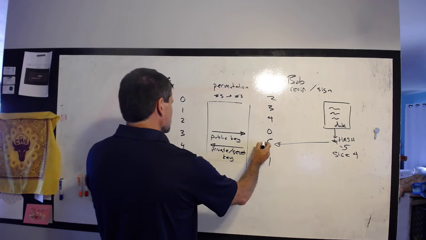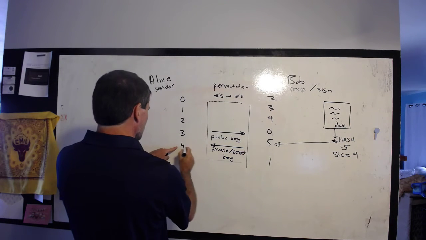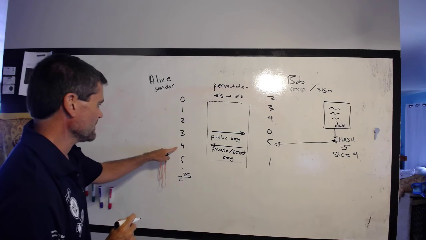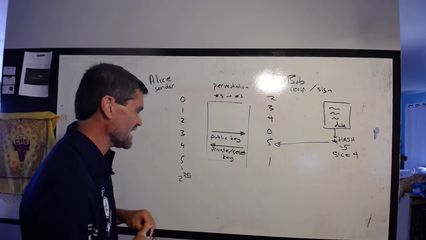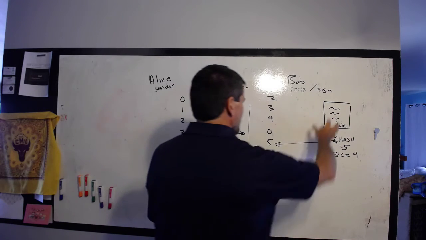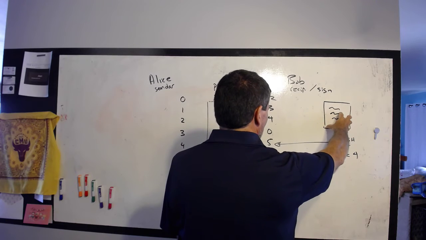Because this runs backwards, I can use the private key to run it backwards and get to the number 4. So this is that magic thing that nobody else can do. Anybody can take this public document and compute the hash.